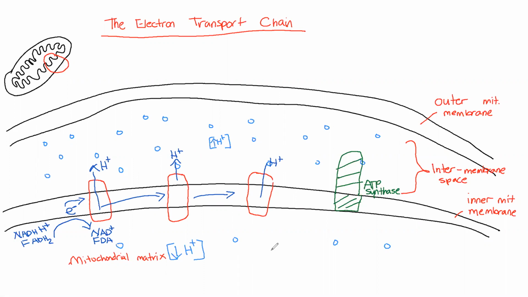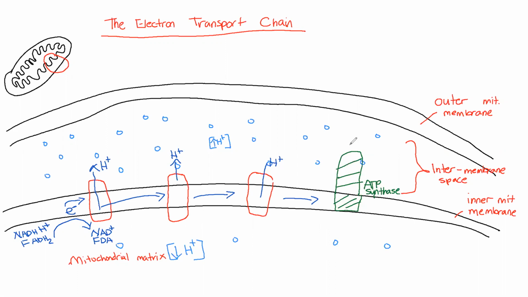Okay, now this gradient is going to be very important to the actual synthesis of ATP. Because we now create this hydrogen ion gradient, all of the protons now really want to get back into the matrix because of this strong gradient that we've created.